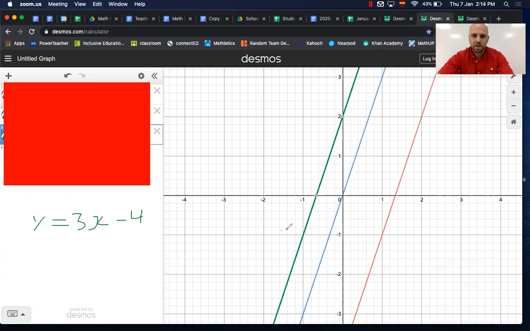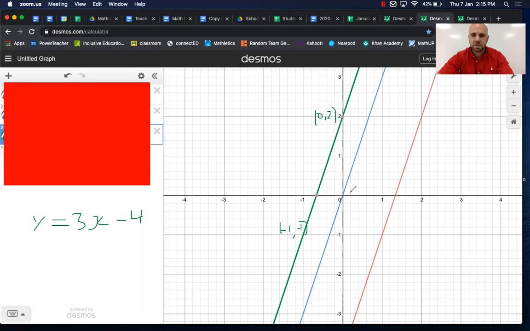I've got the point (-1, -1). As it moves over 1, how high up is it going? Well, it's going to (0, 2). So I can see that my increase is 3, which means my slope is also 3.